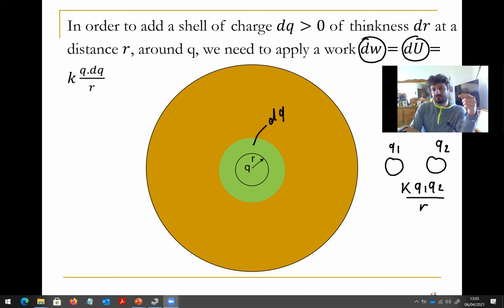So the potential energy of this system of Q and dq equals K Q times dq divided by the distance between them.